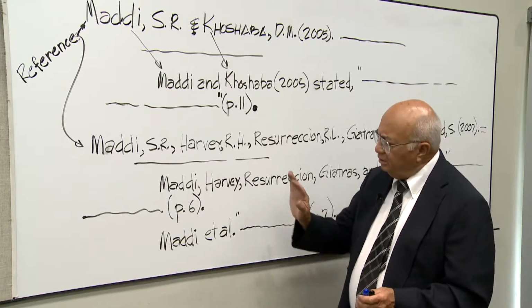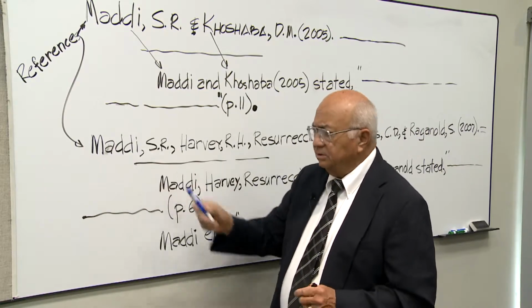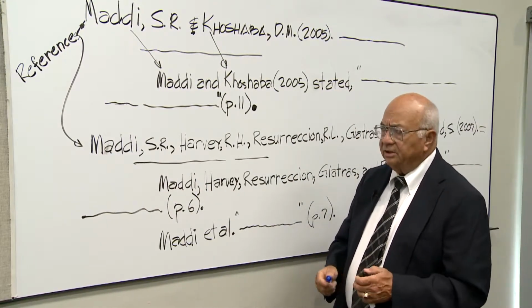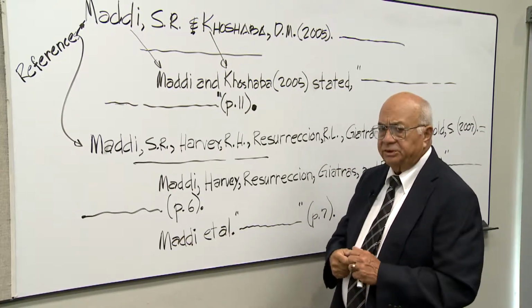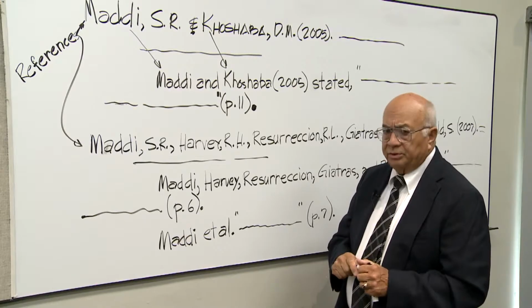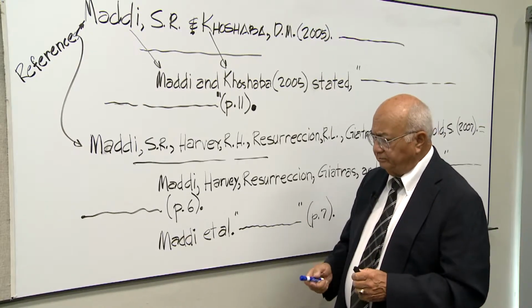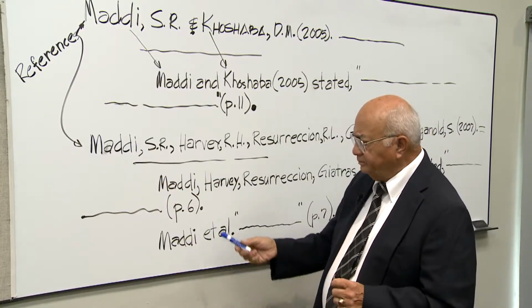Very simply put. Now I want to give you some background on the people. You know who Sal Maddi is. I told you he graduated from Harvard with his PhD in cognitive psychology, taught many years at the University of Chicago, then was recruited to the University of California, Irvine. He's considered one of the world's renowned psychologists.